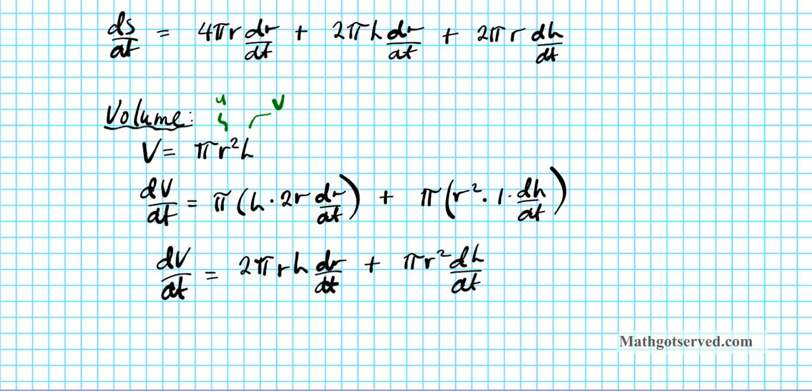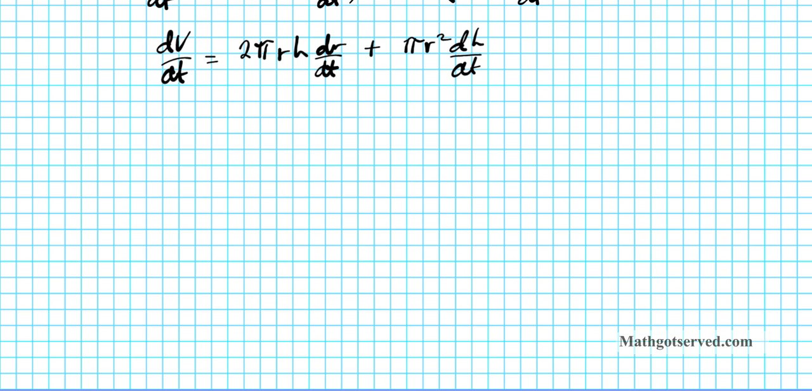All right, so the last shape we're going to look at is a cone. It's very common to come across cone problems when working with related rates. So we're going to look at the surface area. I'm sorry, we're going to look at just the volume of a cone, okay? So let's look at the volume of a cone. What is the formula for the volume of a cone?